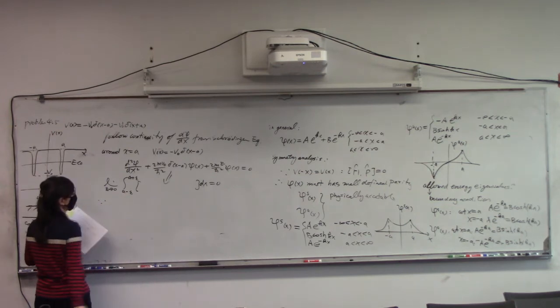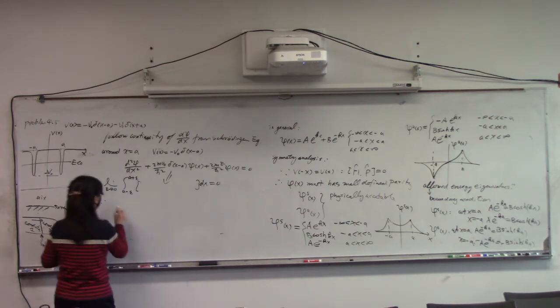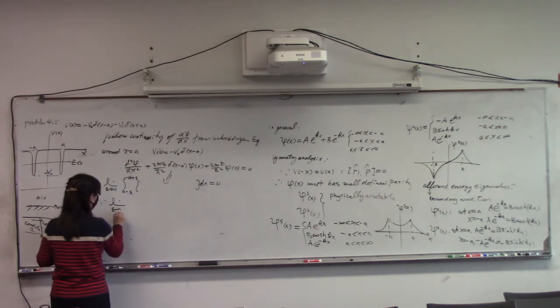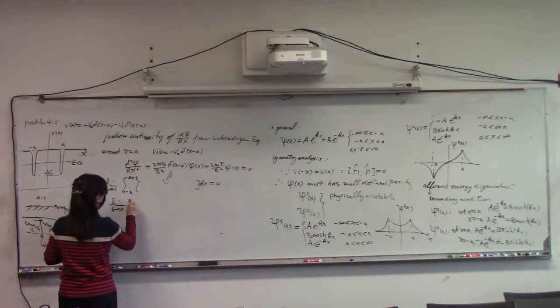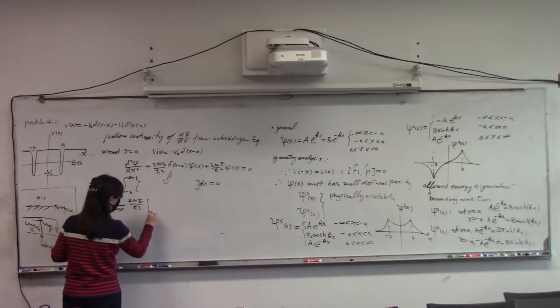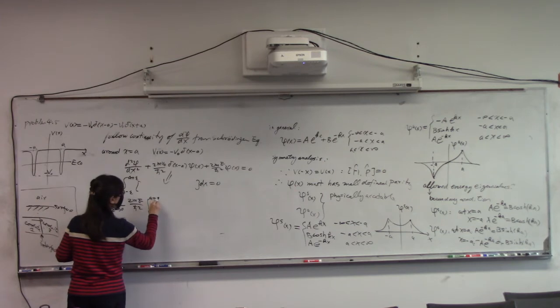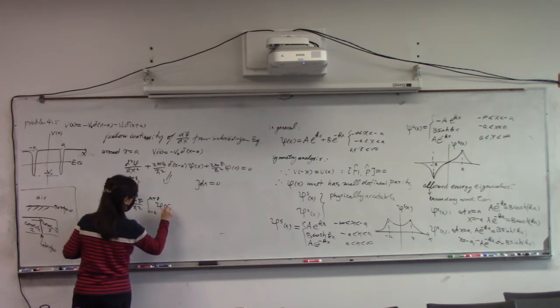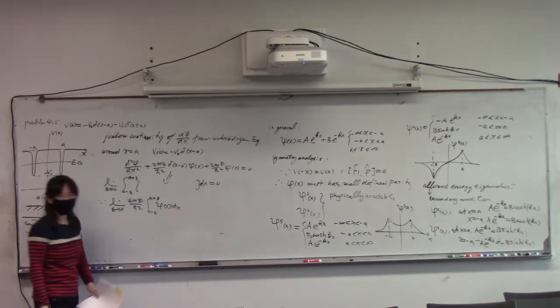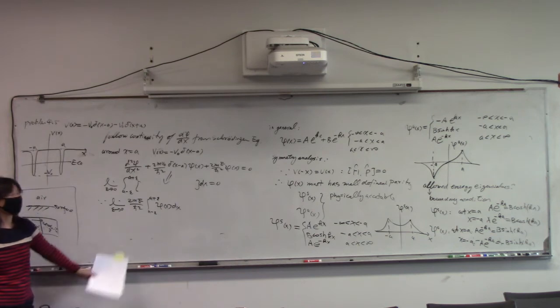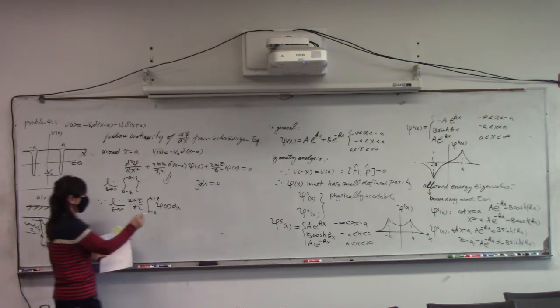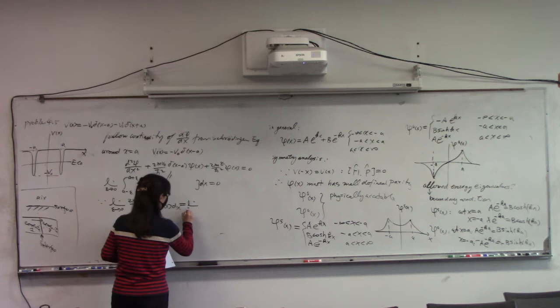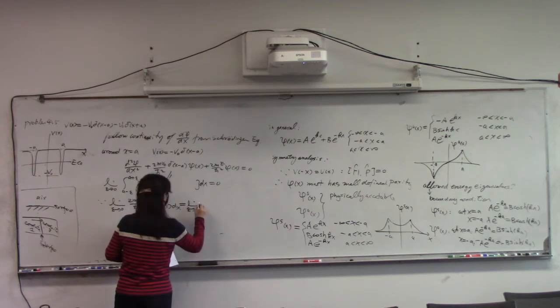So now let's look at the third term. 2mE over h bar squared is a constant, outside the integral, and we integrate psi x dx from a minus epsilon to a plus epsilon. When epsilon goes to 0, let's keep the constant. This is not a big deal.